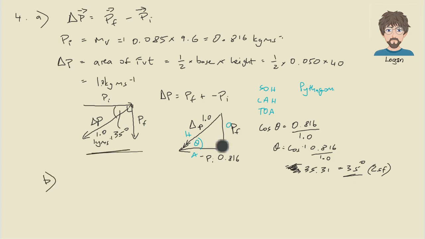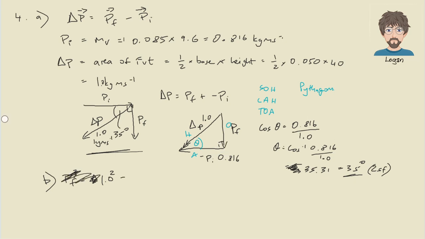Part B, calculate the speed of the ball as it leaves the bat. Well, if we've got our thing here, we can now calculate PF. So magnitude of PF equals, we can use Pythagoras' theorem. PF squared equals 1.0 squared minus, let's just do this properly. Hang on.